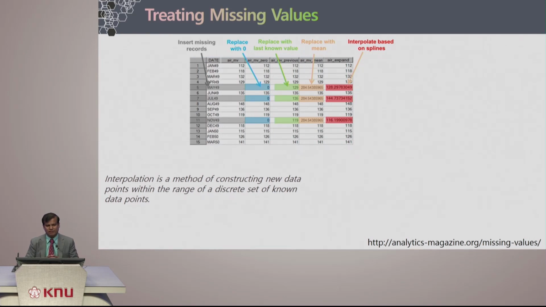So here are some examples. For example, here you can see January, February, March, April, and May is missing, so you have inserted May. And moreover, some information is missing over here, so you replace it with 0.